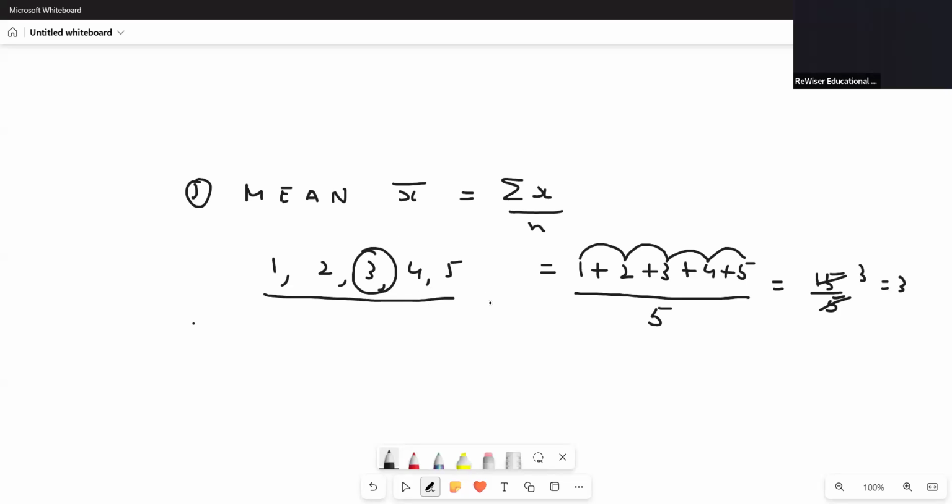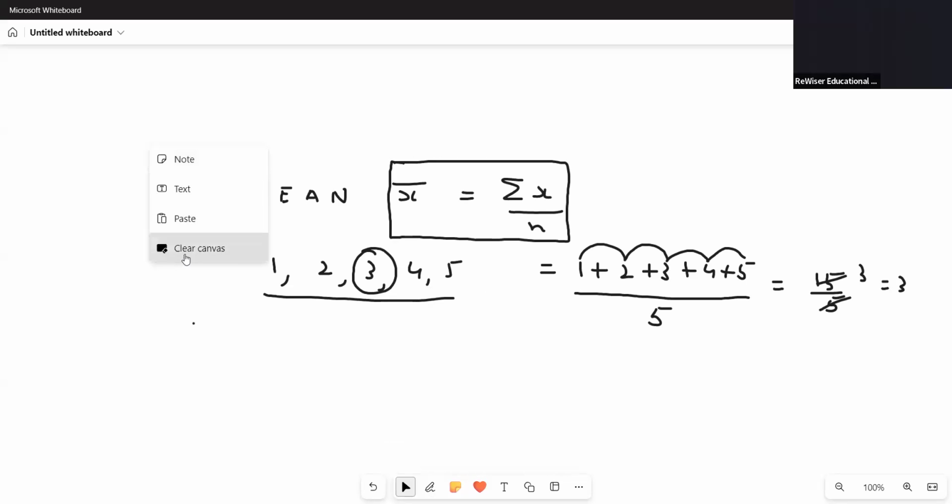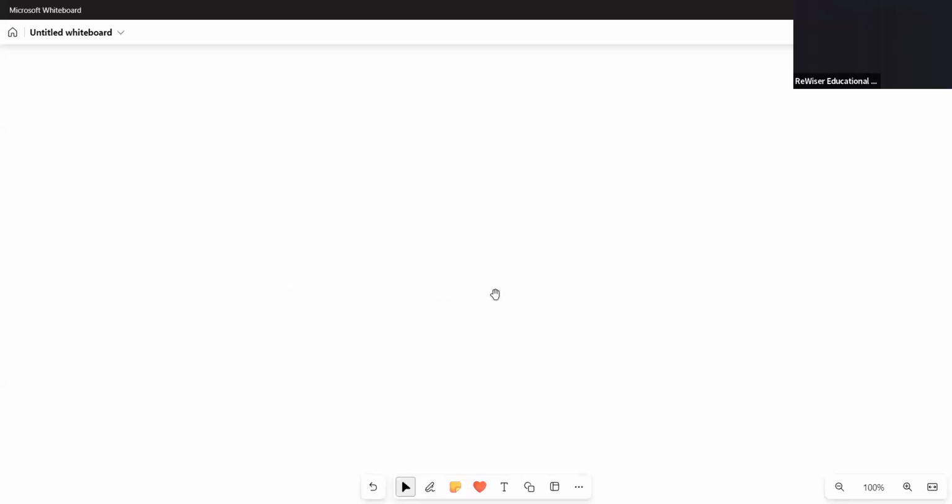Now, this is for discrete random data, and that's the formula we use to calculate the mean of any distribution. Data can be discrete or continuous. For data where the frequency is also given, we have the x values and the frequency.